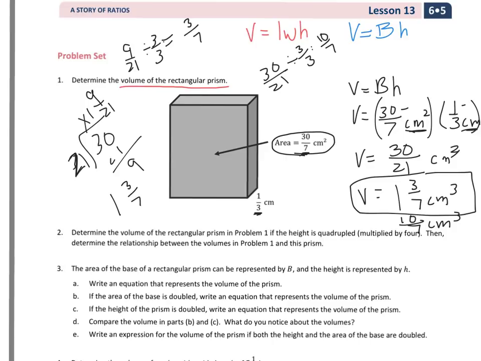So for number 2, it states, determine the volume of the rectangular prism in problem 1 if the height is quadrupled. So multiplied by 4. So more or less what I'm going to do is take the height and multiply it by 4, and I know for this one I'm going to use this 1/3 as my height, and I would do 1/3 times 4. I got to make it 4 over 1, so that's going to get 4/3.